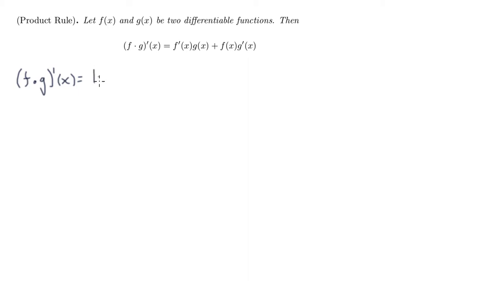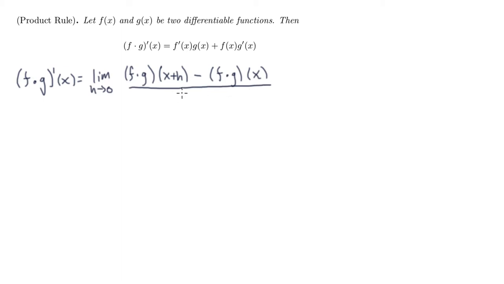So it's the limit as h goes to 0 of f times g evaluated at x plus h, minus this function f times g evaluated at x, all over h.